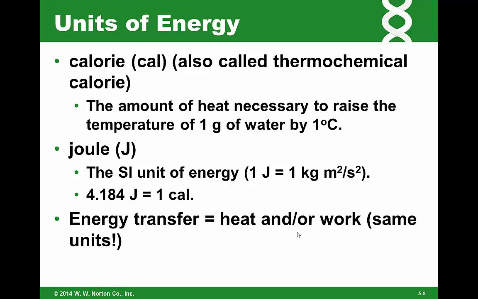So one way to measure energy change is in units of calories. This is called an operational definition, and this calorie is also called the thermochemical calorie, and it's given the symbol cal with a lowercase c.